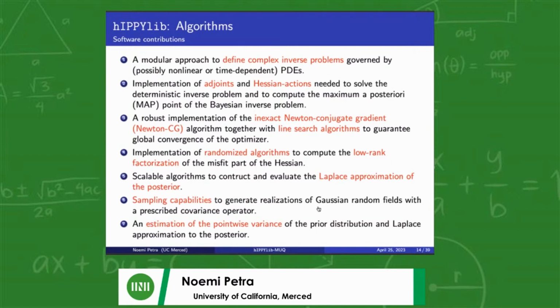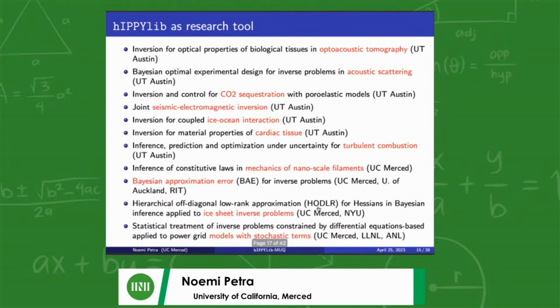So these are the things that hIPPYlib offers, in case you are wondering what exactly is implemented there. At least in the released public version; there are a couple of new developments in the development version, but we'll not talk about that here.